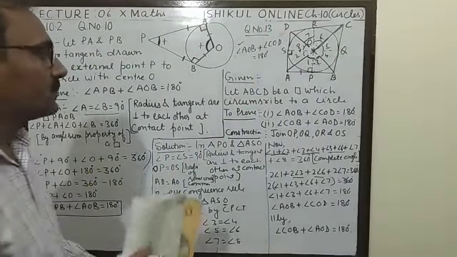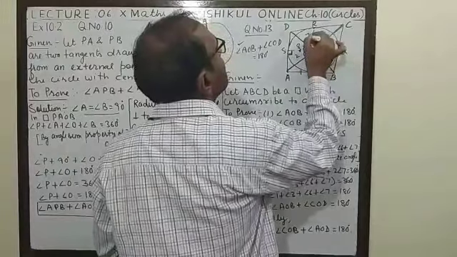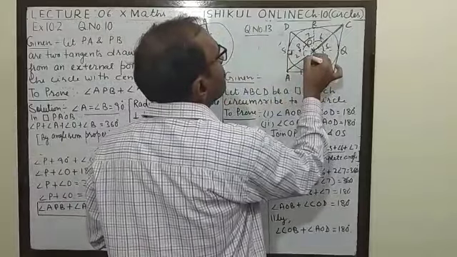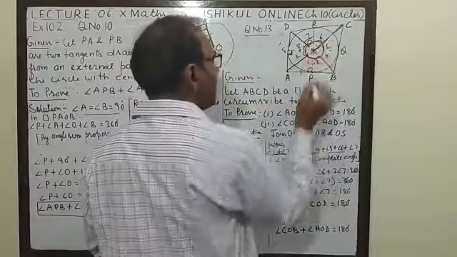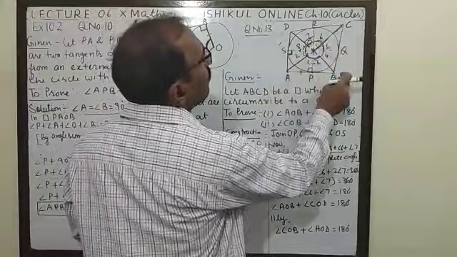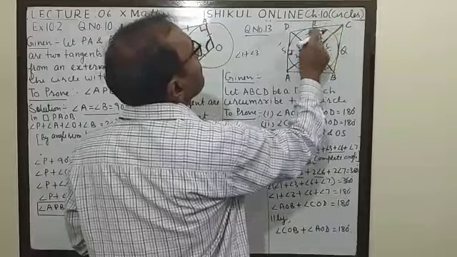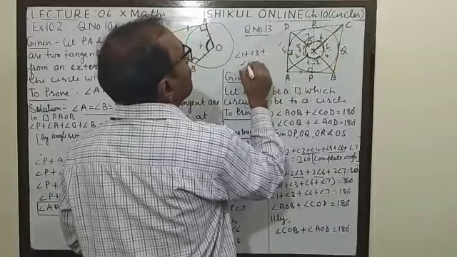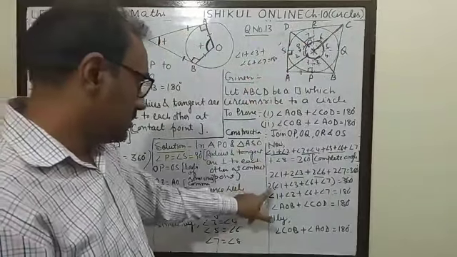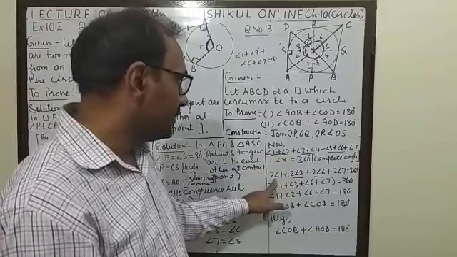Clear? And then angle 1 plus 2 plus 3 plus 4 plus 5 plus 6 plus 7 plus 8 equals 360, because the sum of these angles is a complete angle. And you have to prove that angle AOB, meaning angle 1 plus 3, and COD, meaning 6 plus 7, equals 180 degrees. So angle 2 you can change into 1, twice of 1.